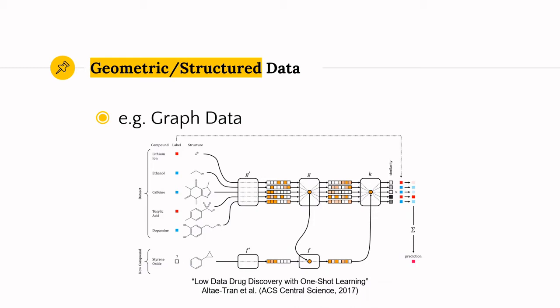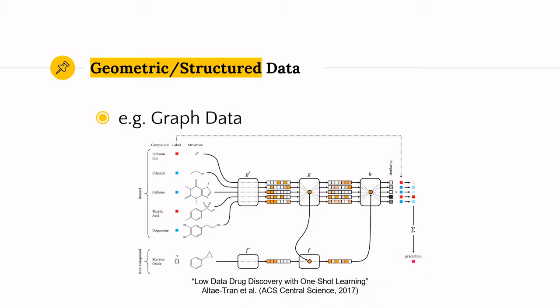In this particular example, these people created an artificial neural network that can predict the efficacy or side effects of a given chemical compound by looking at the molecular structure of that compound.